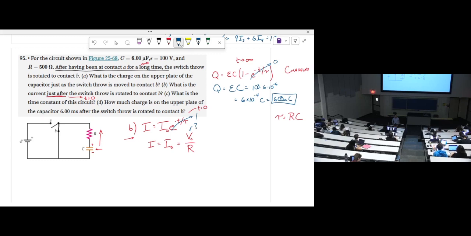What is the initial voltage across the capacitor? 100 volts, yes, it is, because the capacitor is fully charged. So we get 100 volts divided by a resistance of 500 ohms. That means we get a 200 milliamp current, right?